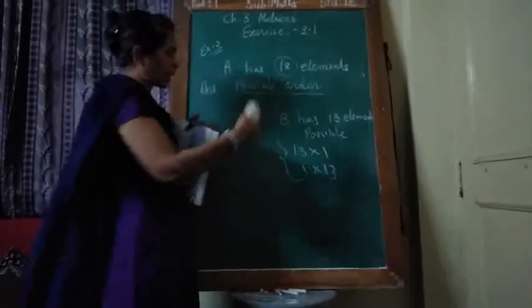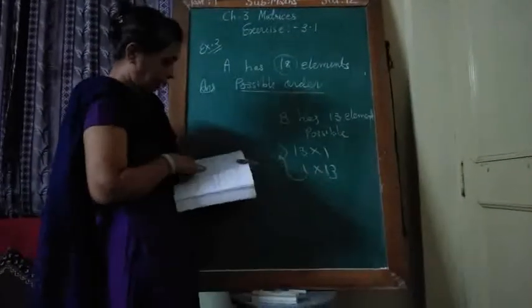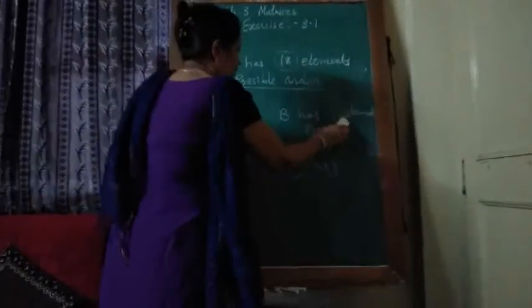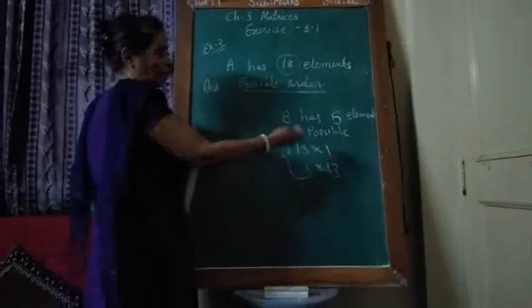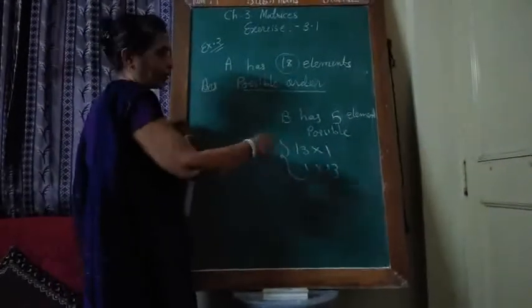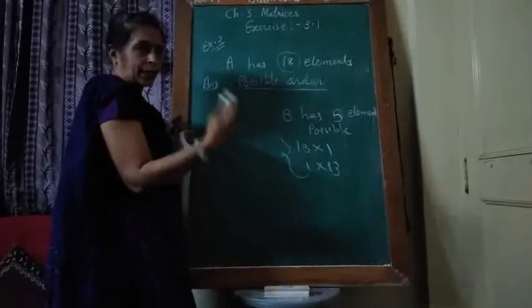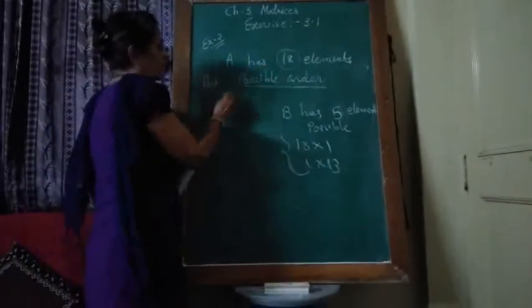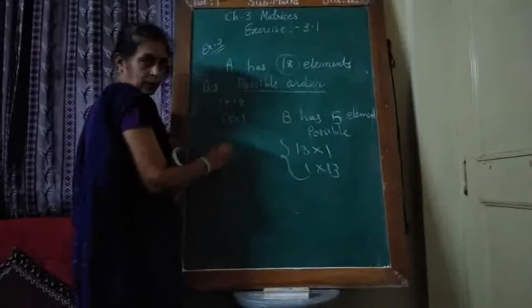In the next lecture I will discuss this, but for now you have to do it. Instead of 13, suppose B has 5 elements. Then the possible orders are 5 by 1 and 1 by 5. And for 18, you start with 1 by 18, 18 by 1.